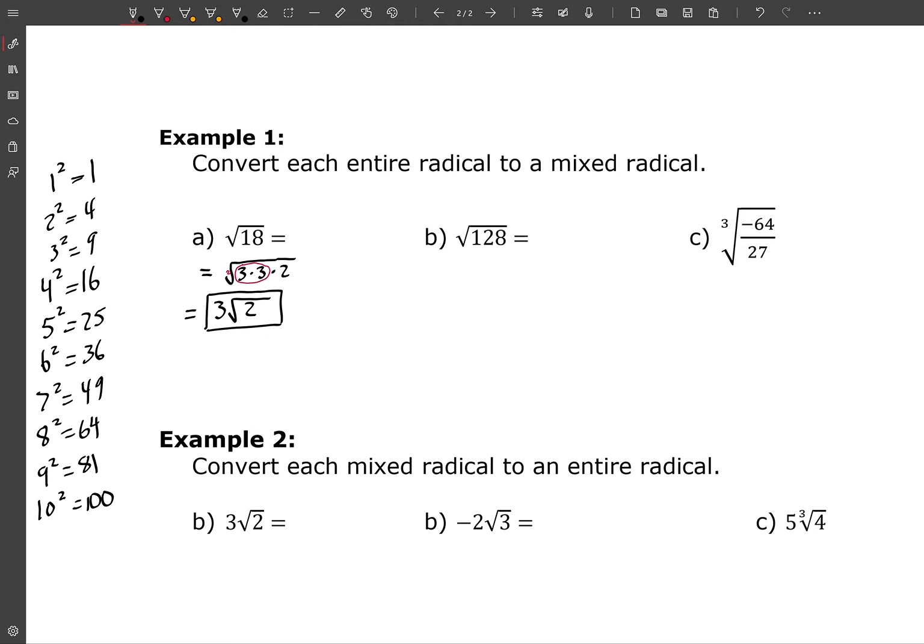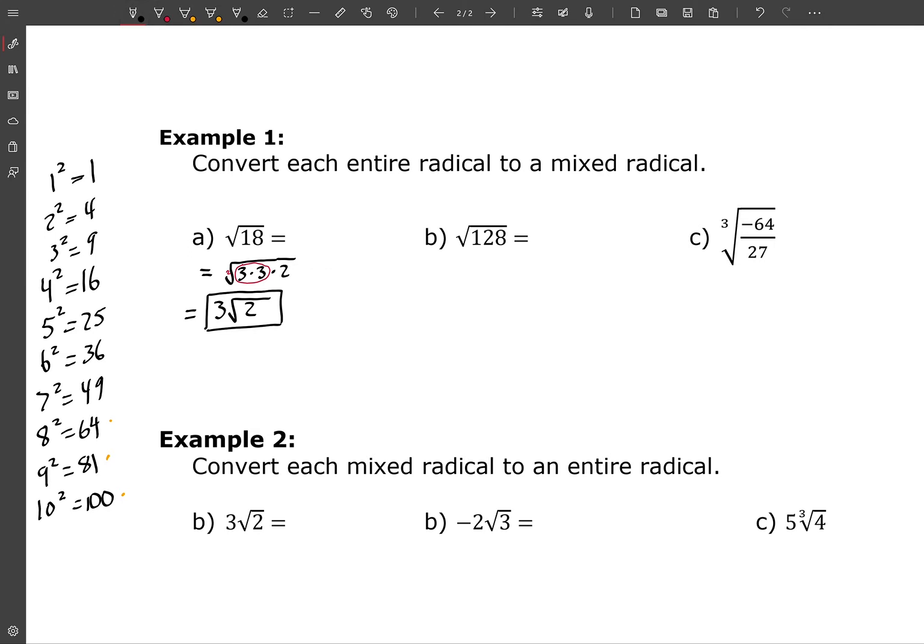So if I look at the square root of 128, what I'm going to look for is factors of 128 that are perfect squares. And I like to start from the bottom. Obviously, 100 is not a factor of 128, and 81, not a factor of 128. 64, though, that seems promising. So I start from the bottom to ensure that I'm getting the largest possible one.